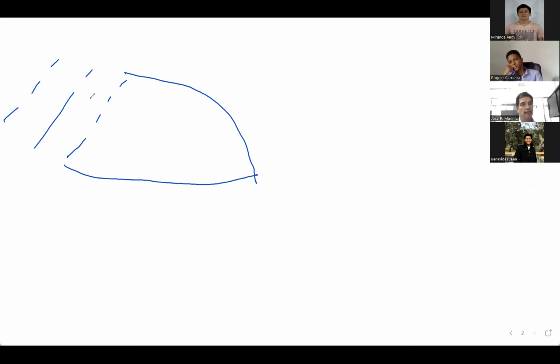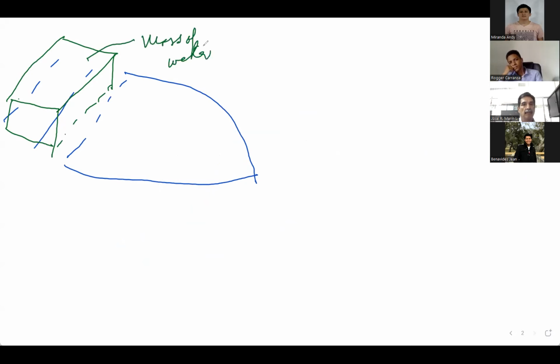Let's suppose that we have water on the deck, a mass of water on the deck. If I give you this mass of water, can you calculate the pressure in here? How can you calculate the pressure?